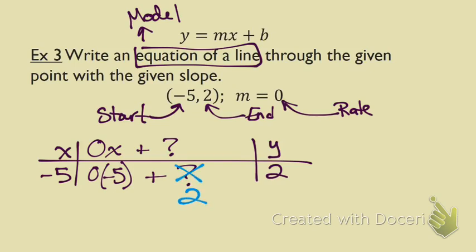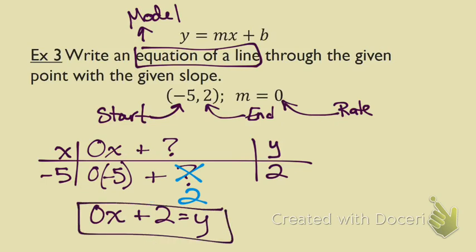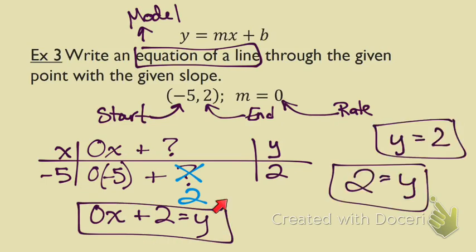2 is that number that's going to be within our model. So 0 times x plus 2 equals y. There's our equation of the line. So if I wanted to clean it up, 0 times anything would have stayed 0. Now, I accept this, but we're going to head to this.